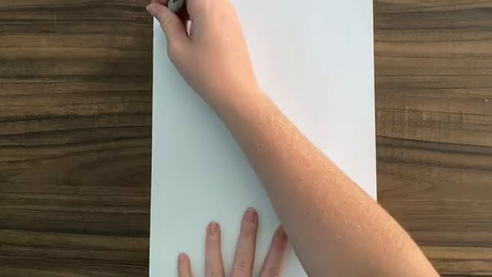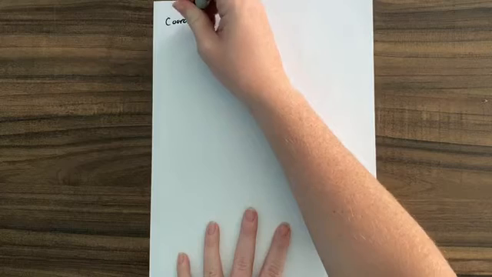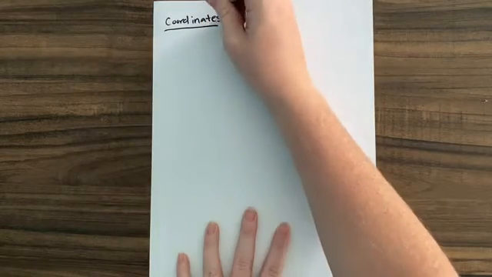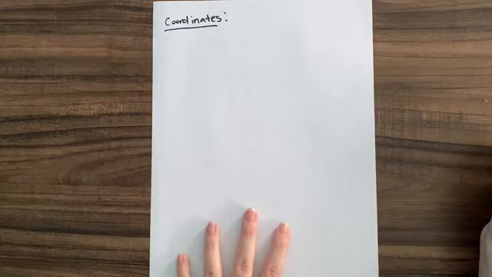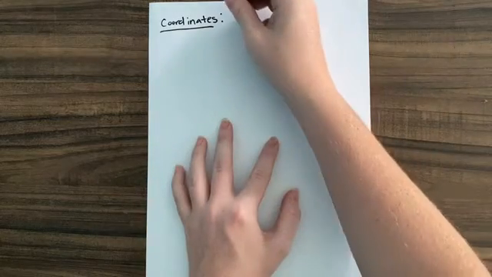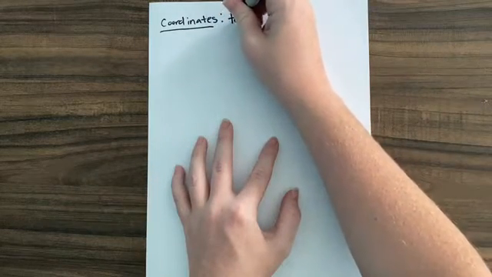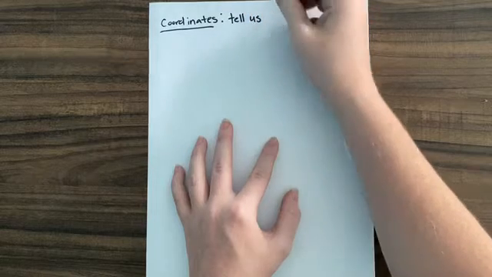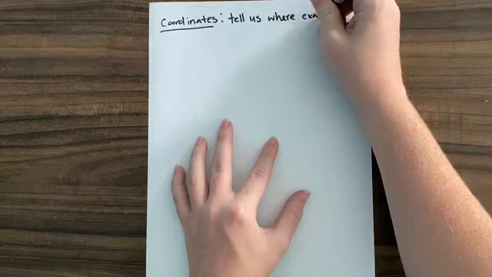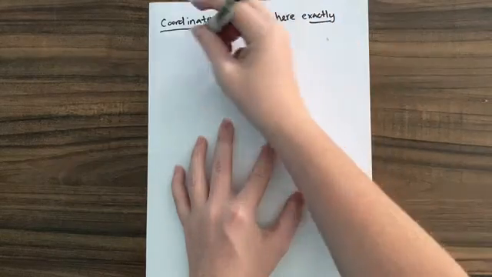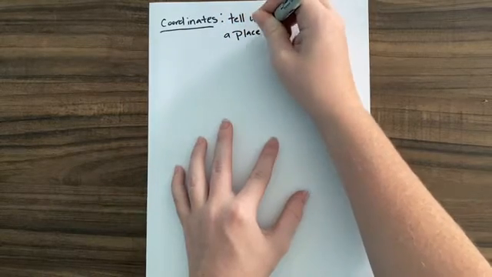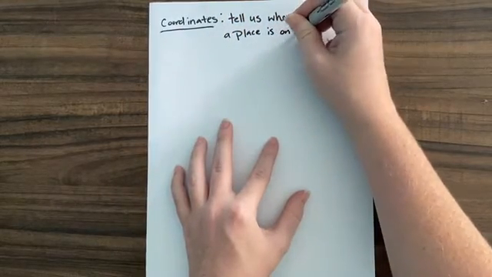So I'm gonna write coordinates. I want you to write this in your notebook for me. So coordinates tell us where exactly a place is on a map.